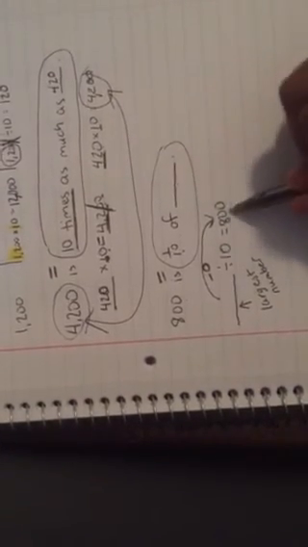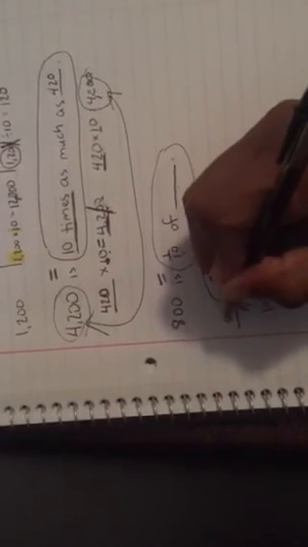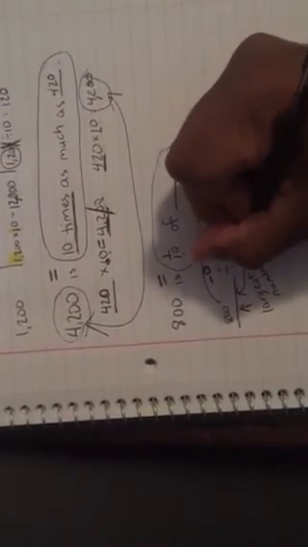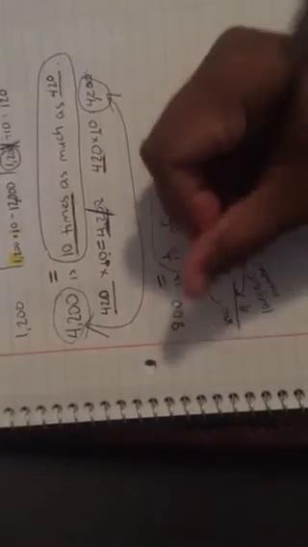So my answer is 800. So I take my 800, I put it back. If I took a 0 away to get here, to go backwards, I have to do the opposite of subtraction, which is addition. So I put my 0 back. So 8,000 divided by 10 is 800.